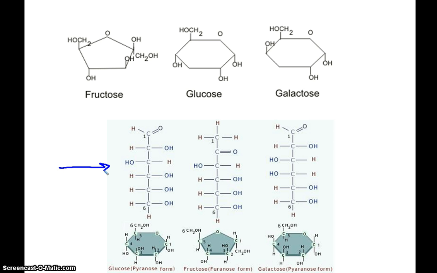But they can fold back on themselves, and we can get the cyclic version, which is shown at the top and the bottom, okay? So the top one is usually what we'll see when we look at these molecules in terms of how they're represented for us, and the cyclic diagram is a pretty good representation. But these are the monosaccharides and just what they look like.